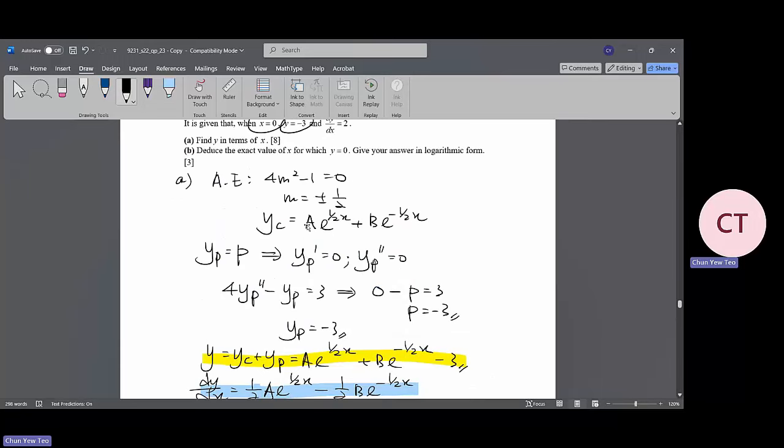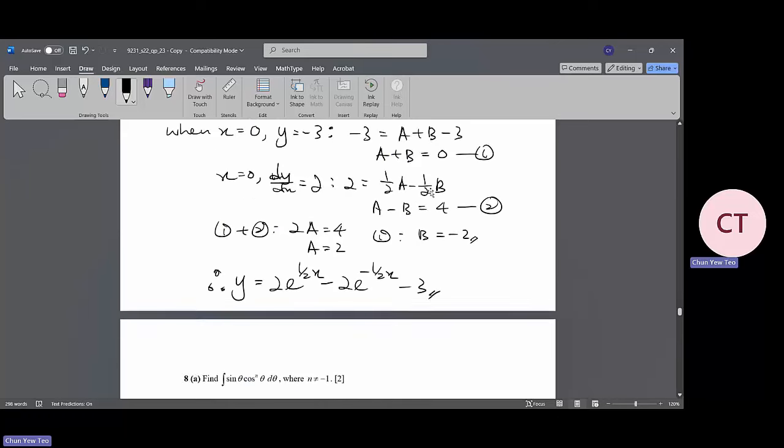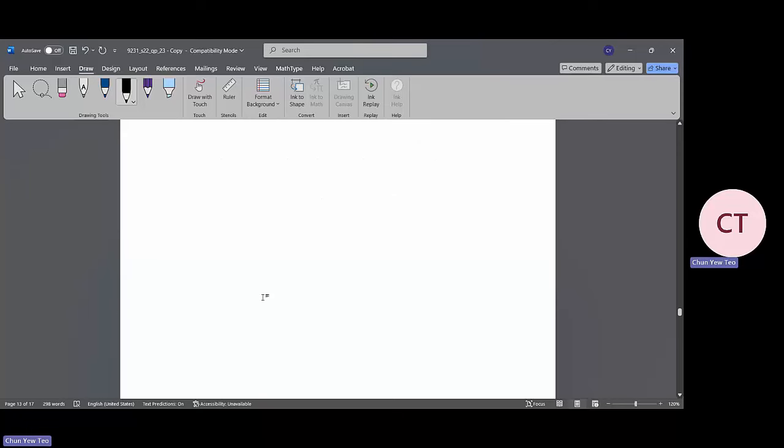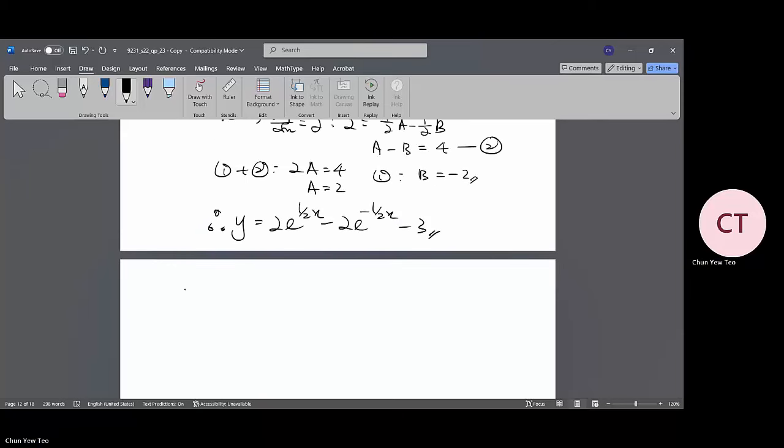Now we are going for part B. In part B, they want you to find the exact value for x for which y equals 0, and give the answer in logarithmic form. So for part B, we just need to let y equal 0.